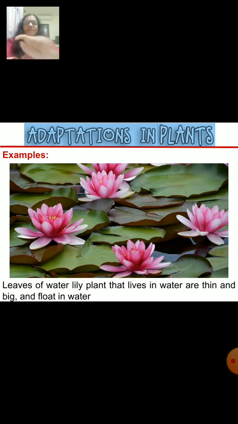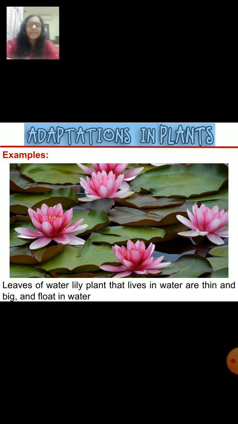See now, there are many examples. By giving examples, I'll try to make you understand what adaptation exactly is. Now you know water plants, water flowers like lotus and lily. Have you ever noticed what kind of leaves the water lily has?